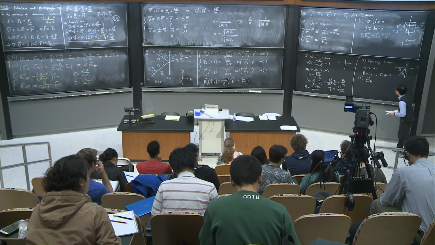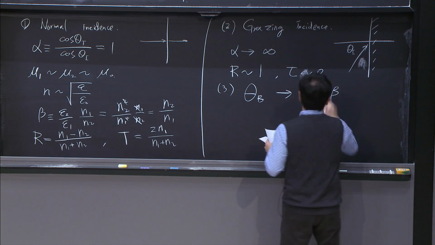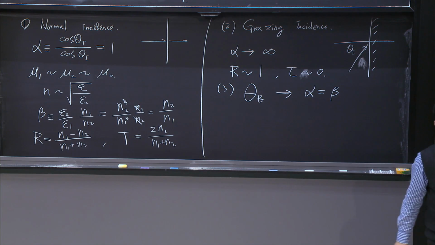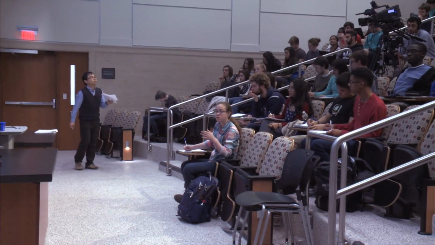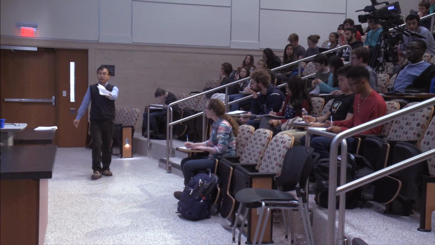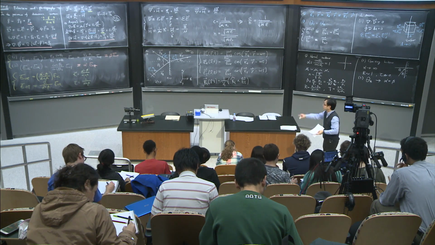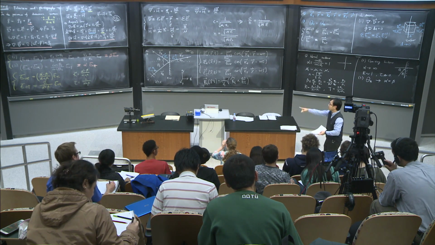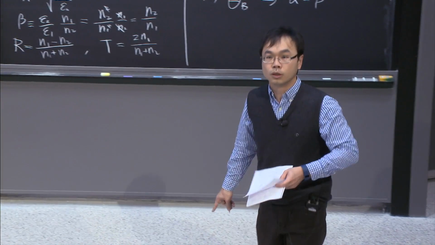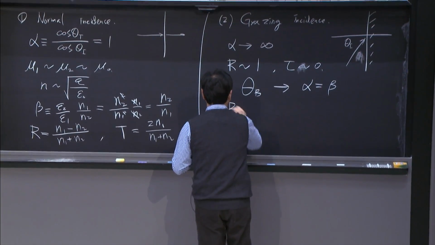If we choose this theta b such that alpha is equal to beta, what is going to happen? Somebody can tell me. Exactly, right? If you choose an angle such that alpha is equal to beta, then R will be equal to 0. There will be no reflection, and everything will go through the material. Okay? So that is the so-called Brewster's angle.